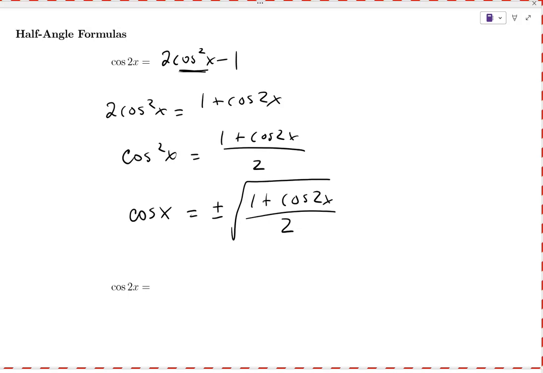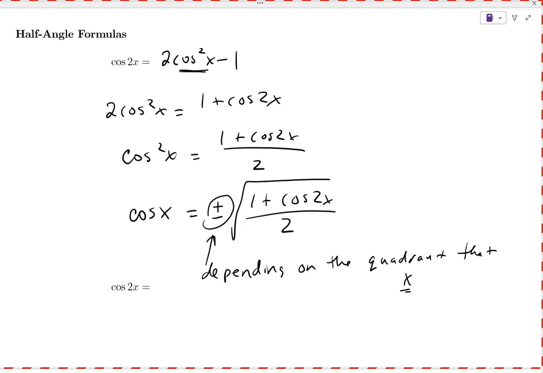So this can't equal both the positive and the negative for the same value of x. So this is a little deceptive. Even though we write it as plus or minus, we don't really mean plus or minus. We really mean that this is a decision we have to make. You use the appropriate sign depending on the quadrant that x is in. Okay?